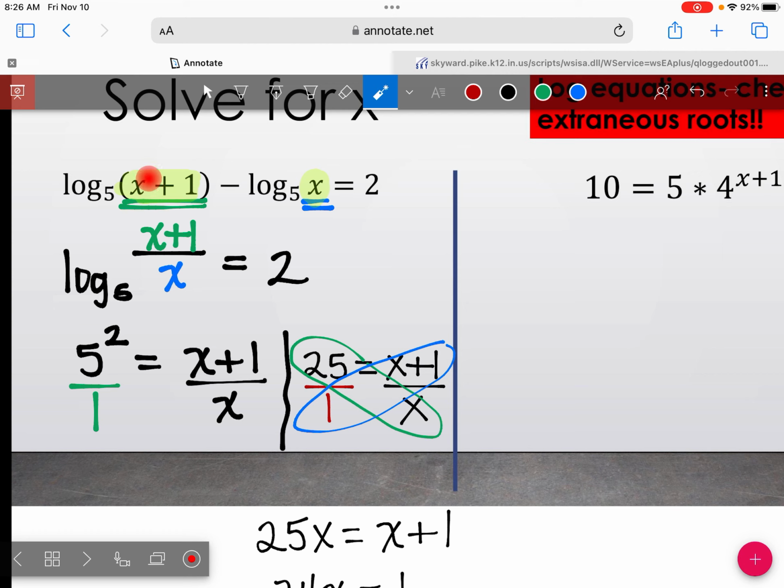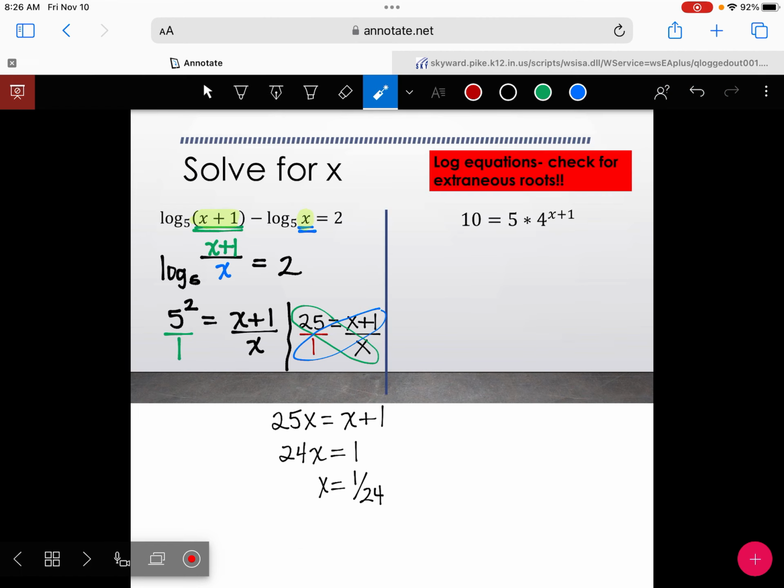And we can take the log base 5 of a positive 1 over 24. So that means that this is actually going to be a legit answer that we can keep. It's not extraneous. And that is my solution. So we have to take the log of a positive number.